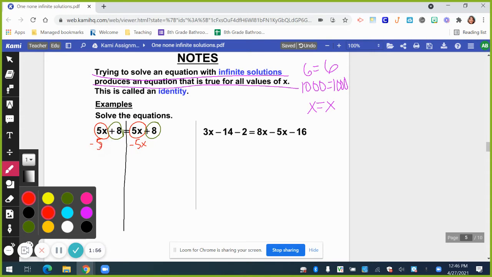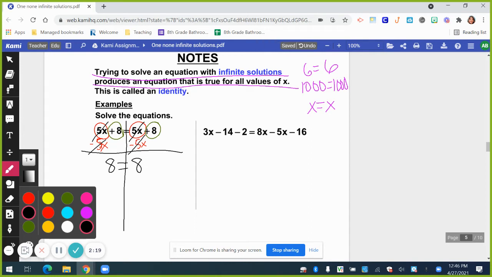Remember, you have to do the inverse operation. So the inverse operation or opposite operation of positive 5x would be subtracting by 5x. So that is a zero pair, and they would cancel each other out on both sides of the equation. That'll leave us with 8 equals 8.